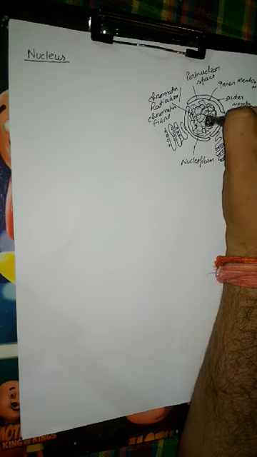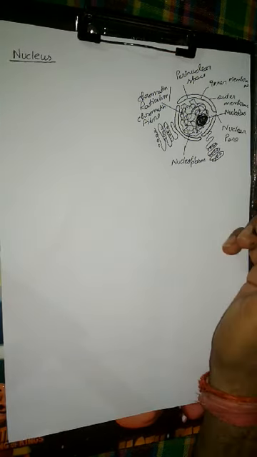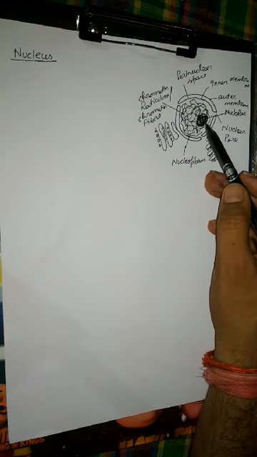Then inside this nucleoplasm, at one place you may find a darkly stained structure. Actually at one place this chromatin reticulum is very densely packed, and that structure is called the nucleolus. Basically this nucleolus is not enveloped by any membrane.